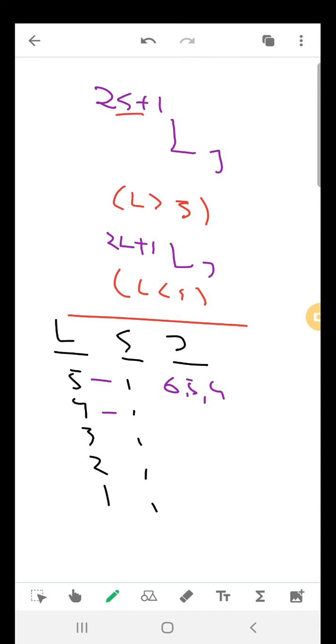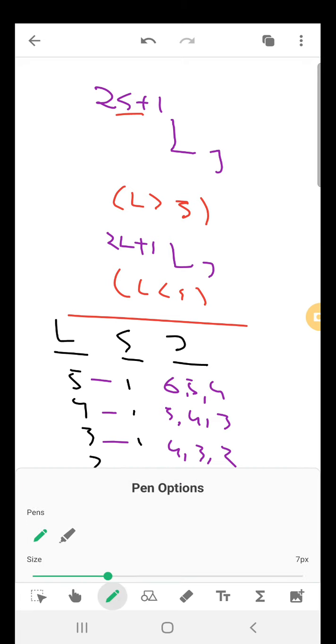Similarly, 4 plus 1 is 5, and 4 minus 1 is 3, so 5, 4, 3. Again 4, 3 and 2, then 3, 2 and 1, and 2, 1 and 0.